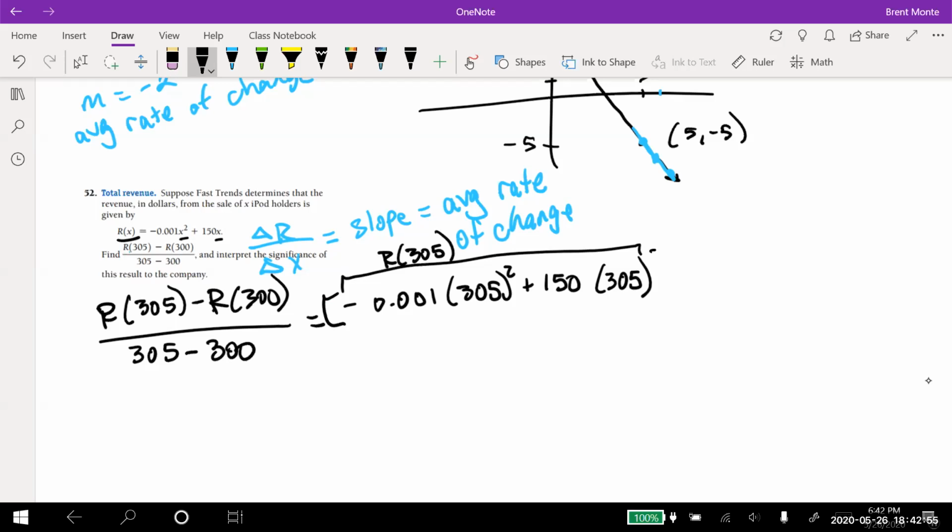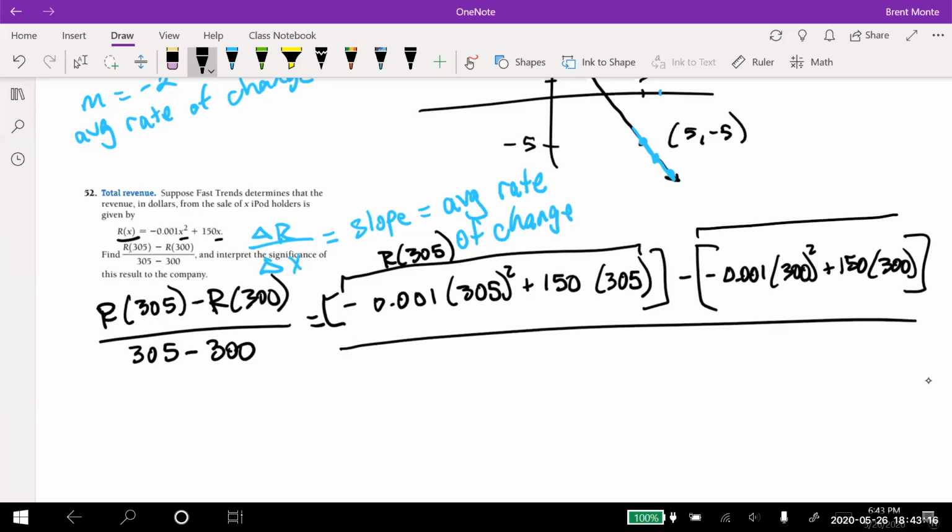So we'll get that as a value minus, and we'll do the same thing with 300. I'll write it a little bit smaller because I'm running out of room: negative 0.001 times 300 squared plus 150 times 300. So that piece was my R of 300. Well, 305 minus 300, that's 5. I'm going to do this in my calculator, so I'm just going to plug in negative 0.001 times 305 squared plus 150 times 305.